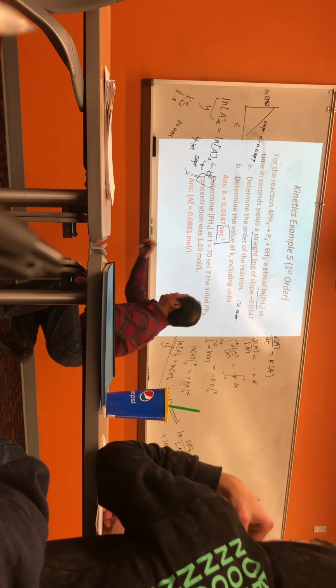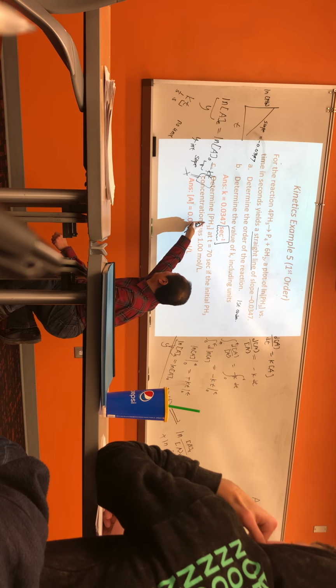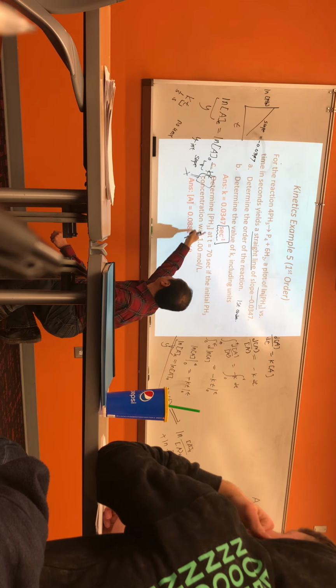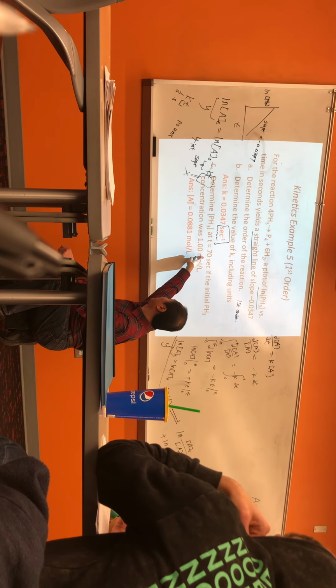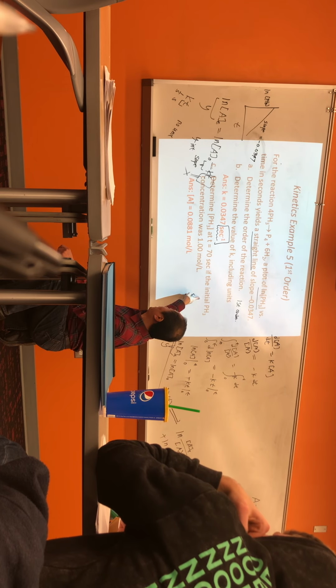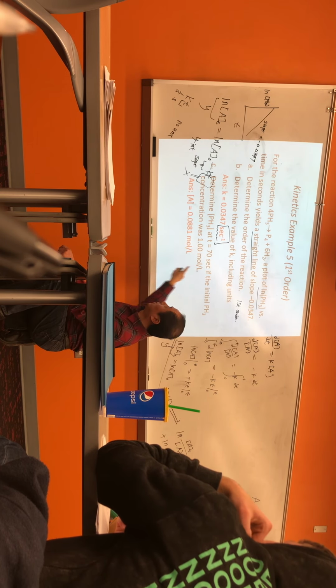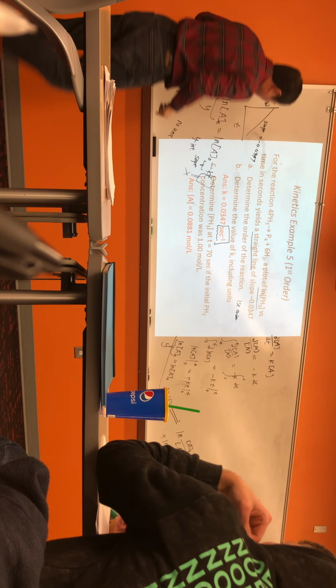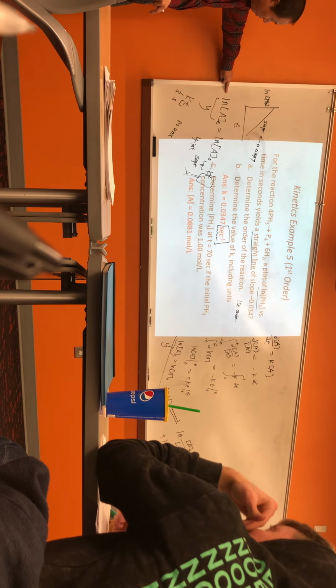Now they are asking for the concentration of this PH3 reactant at a later time, 70 seconds, and you are given an initial concentration. You just determine this will be your rate law.